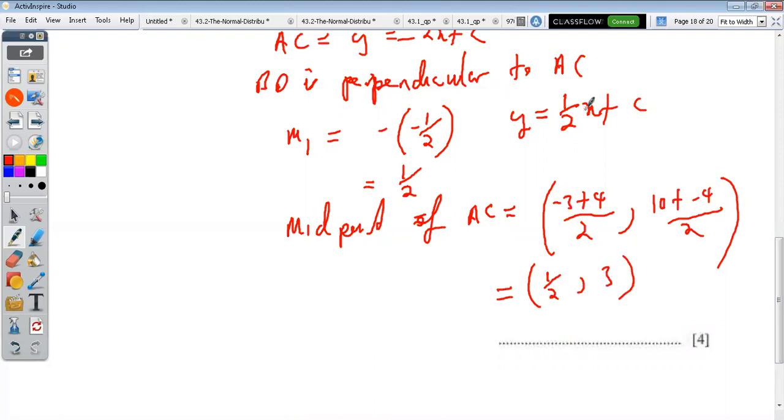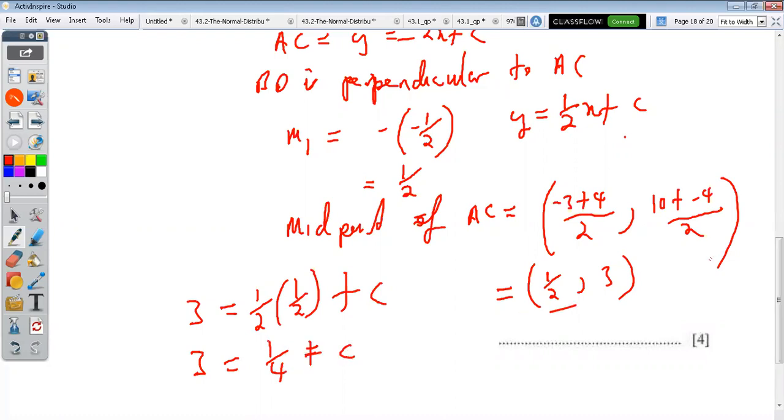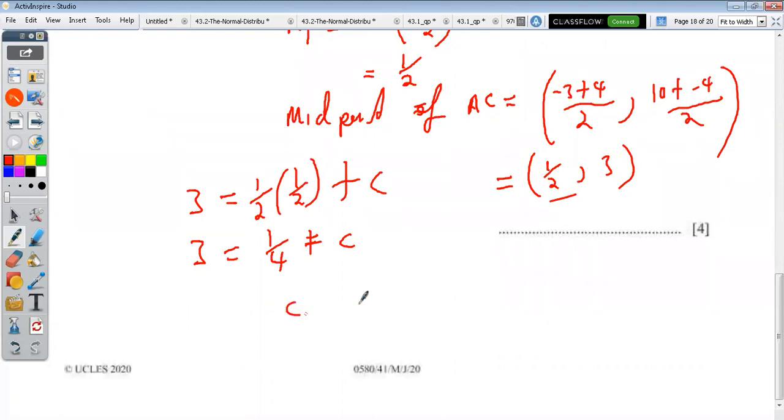It's a point on this line here. So then I substitute to find c. When y is 3, this is equal to half multiplied by the value of x, half, plus c. Now 3 is equal to, what is half times half? A quarter plus c. Take the quarter the other side. c will be equal to 3 minus a quarter. 3 minus a quarter is 2 and 3 quarters.